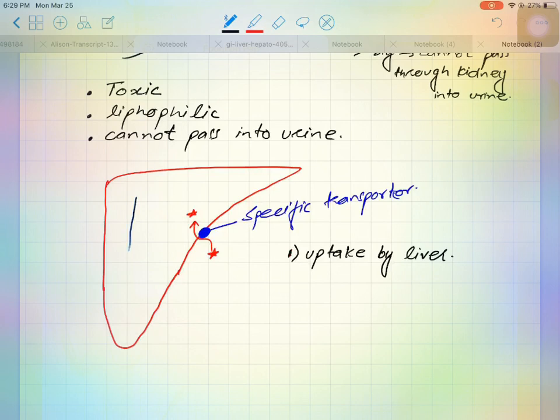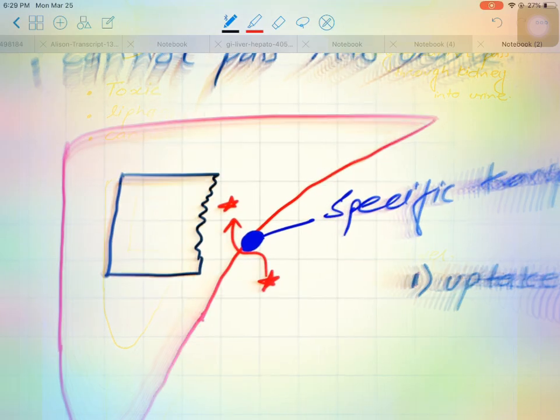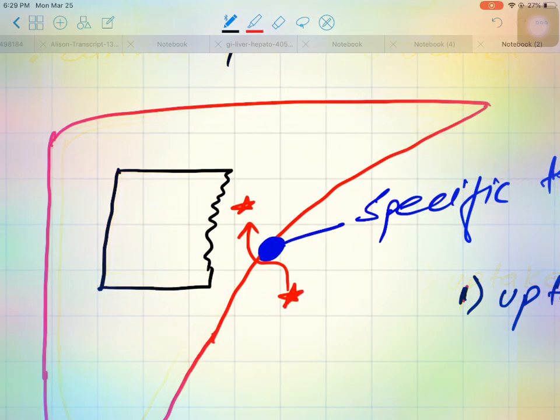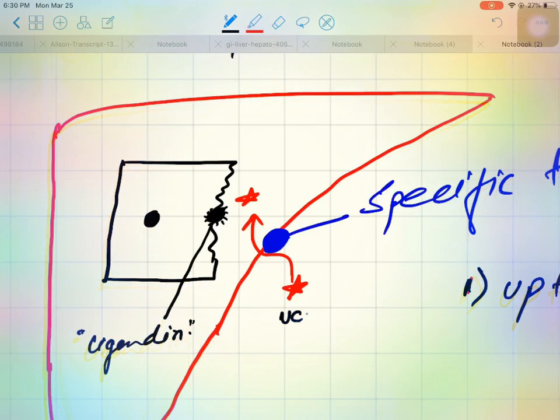For example, this is our hepatocyte, and on the apical side of the hepatocyte there are special transporters again, called ligandins. These ligandin proteins transport the unconjugated bilirubin into the hepatocyte.